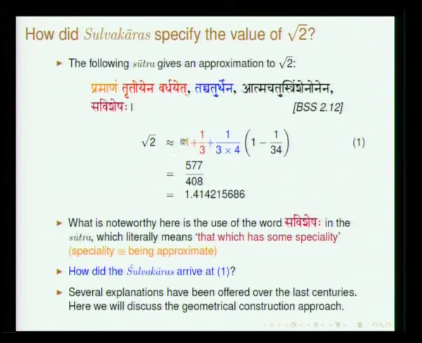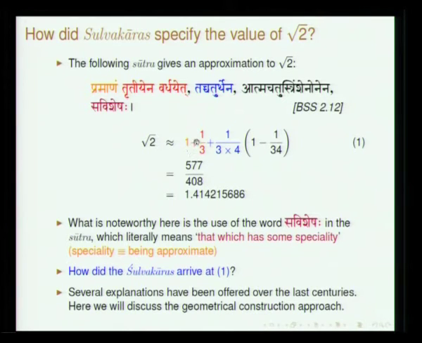It says pramana. Pramana is basically some unit; you just take some unit measurement. Pramanam 1, tritiyena vardhayet. It means one third of it you have to add. Then tat chaturthena. This tat refers to that which is immediately preceding, so one fourth of that, one fourth of one third. Then it says atma chatustrimshena vunena.